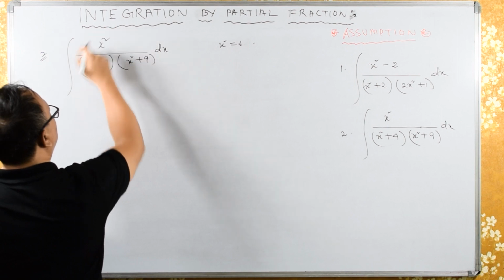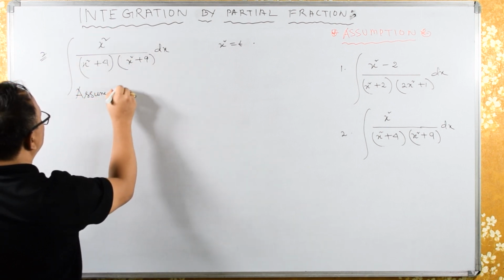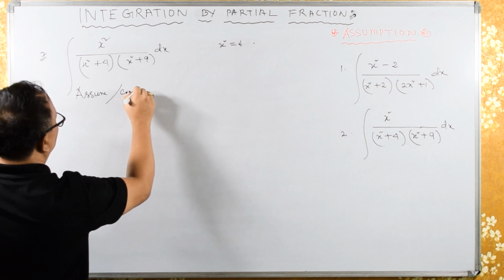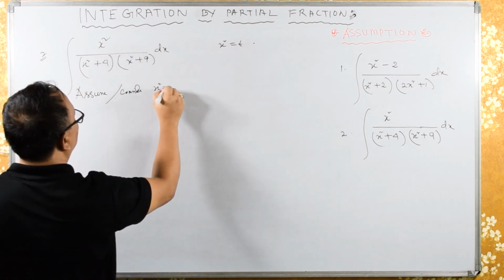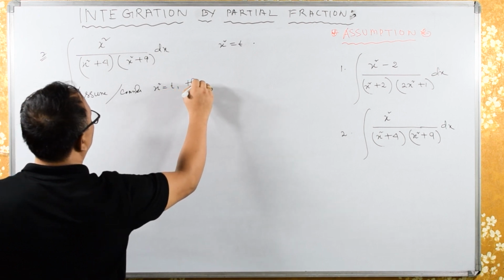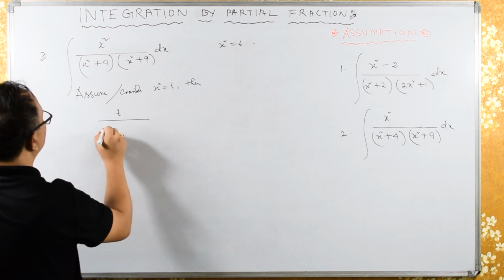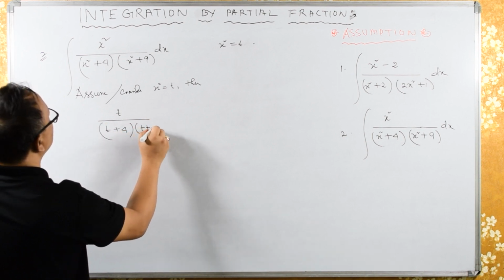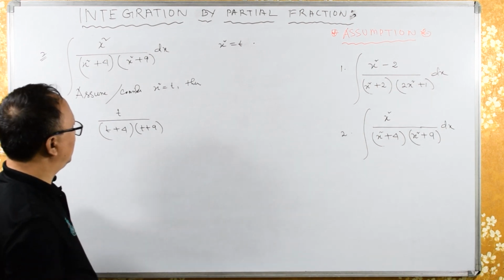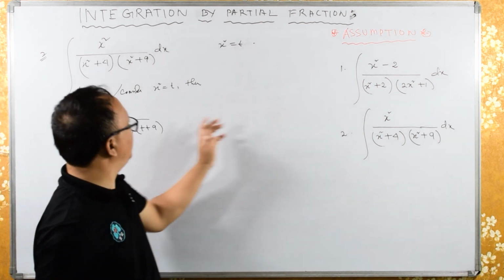So for the time being just consider x square equals t. Then it becomes t upon t plus 4, t plus 9.